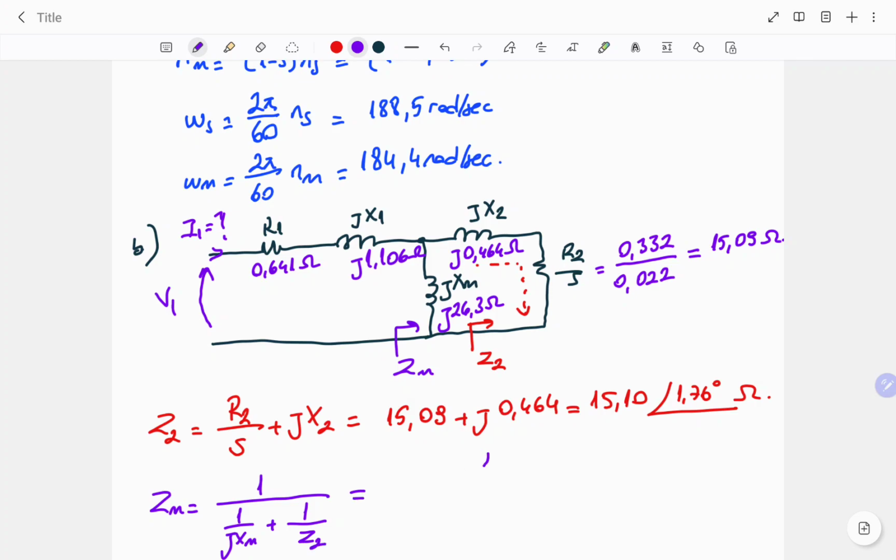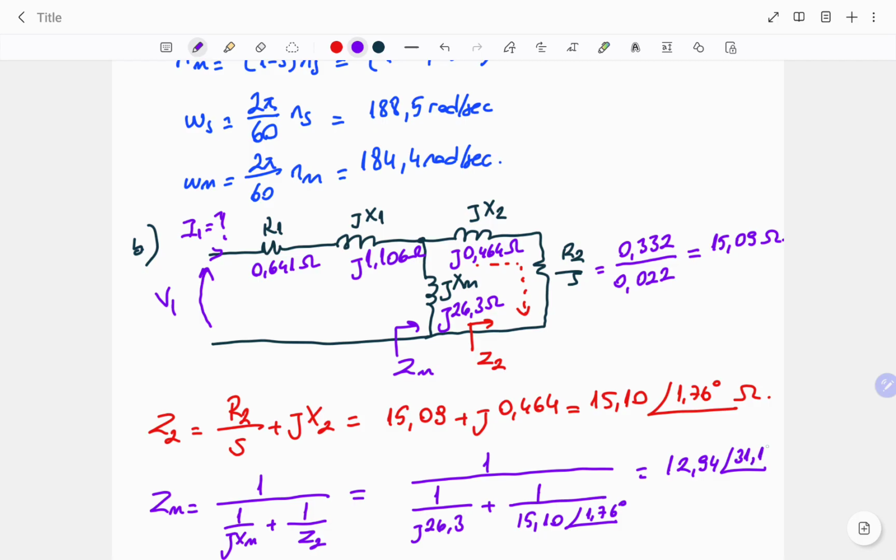So if we write the values, 1 over j26.3 and 1 over 15.10 with 1.76 degree. From here, we can find the result as 12.94 with 31.1 degree.